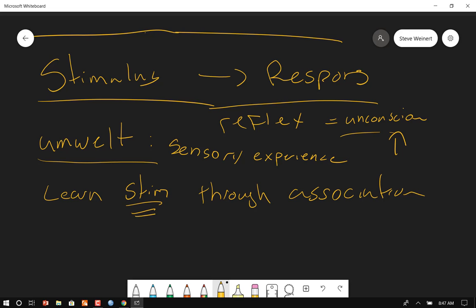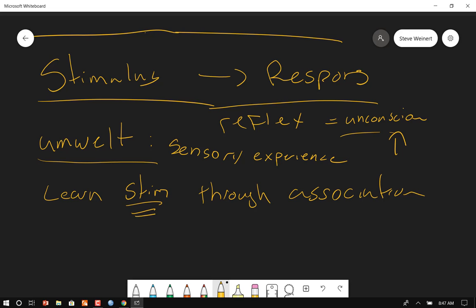Okay, so this happens in your cerebellum. This happens down here in your brain. Remember the connectome video? Anytime two neurons cross each other, what can form? A synapse. Anytime two neurons cross each other, it forms a synapse.